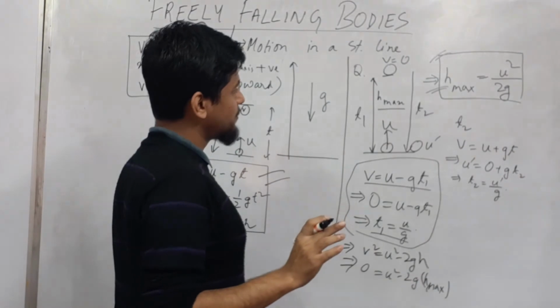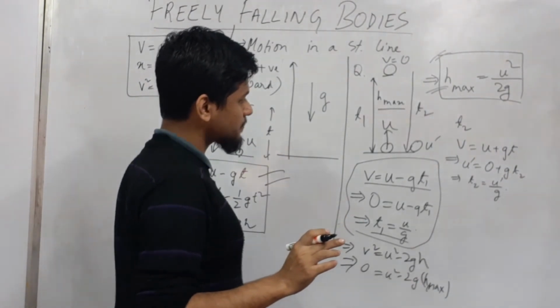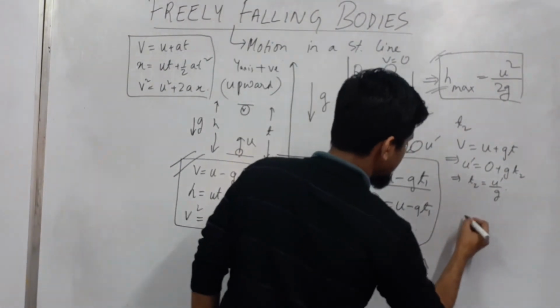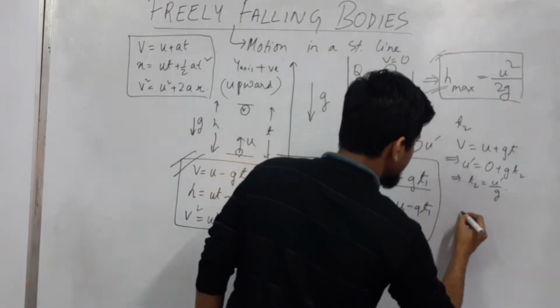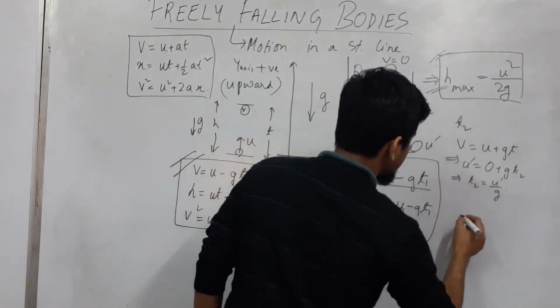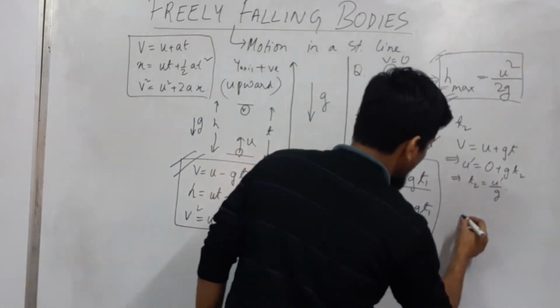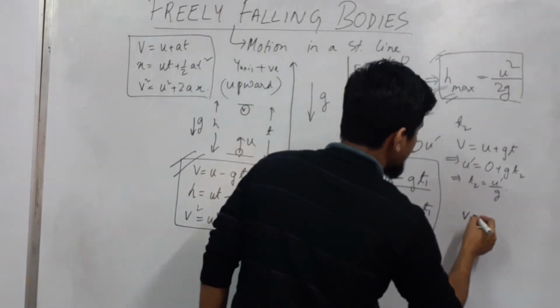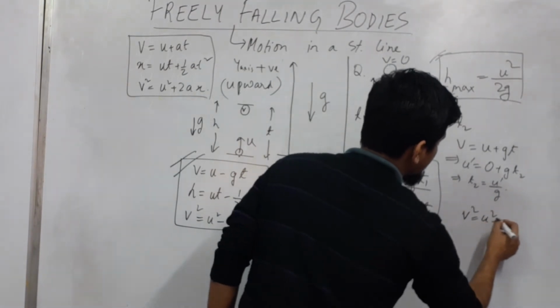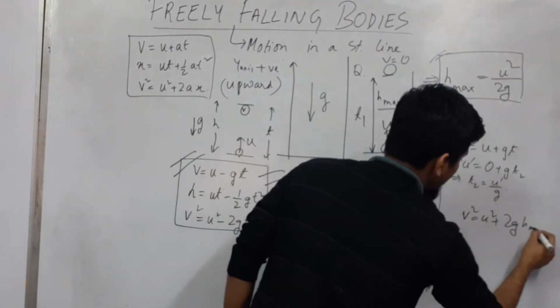Another thing to keep in mind is that the distance traveled is h max. So v square is equal to u square plus twice g h max.